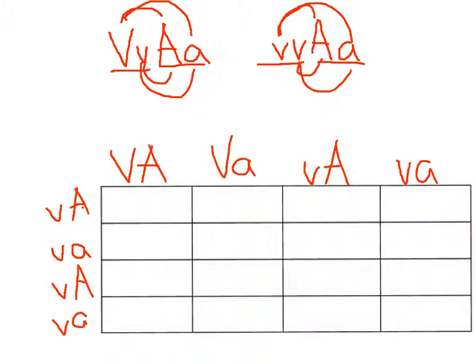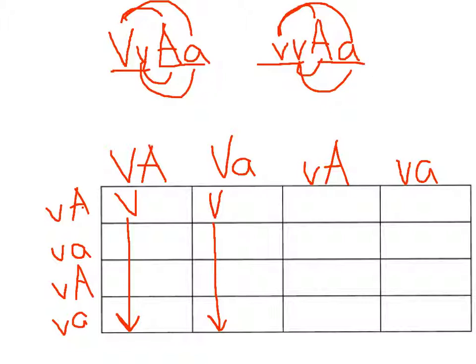Now when we combine these alleles, for our vitiligo, I know that all of these are going to have vitiligo. All of these are also going to have vitiligo because it gets passed down.